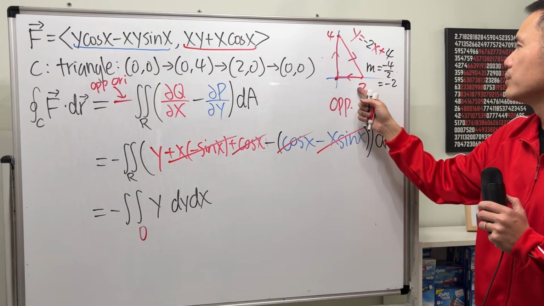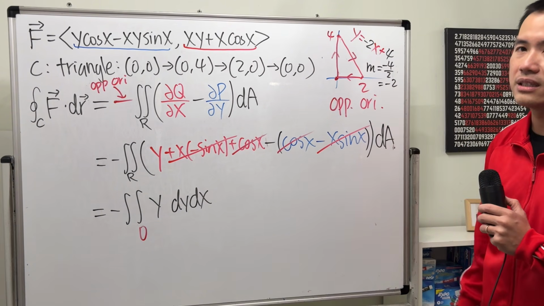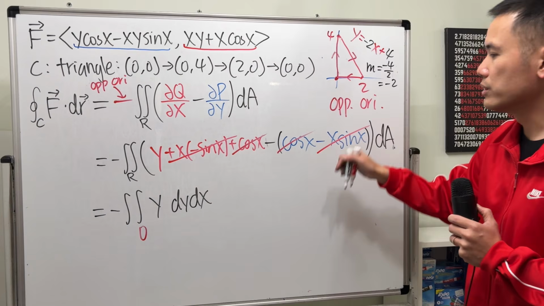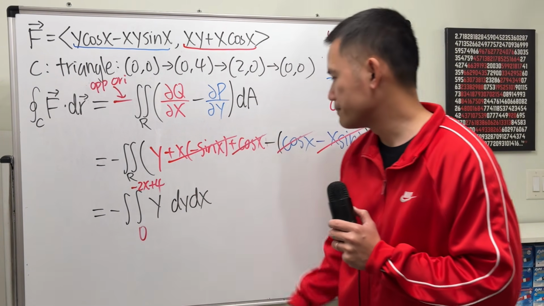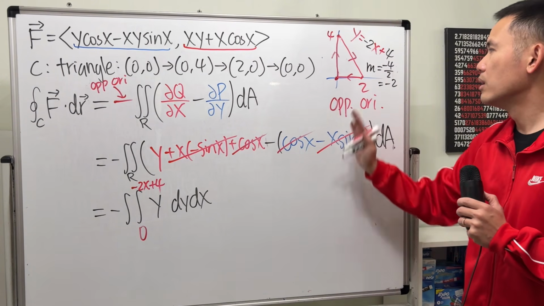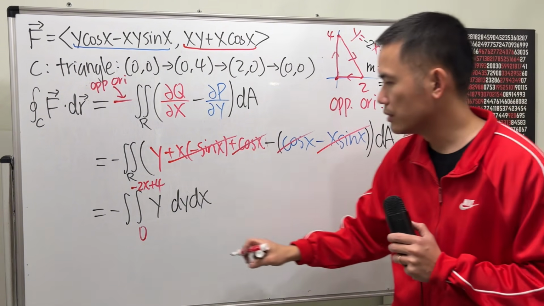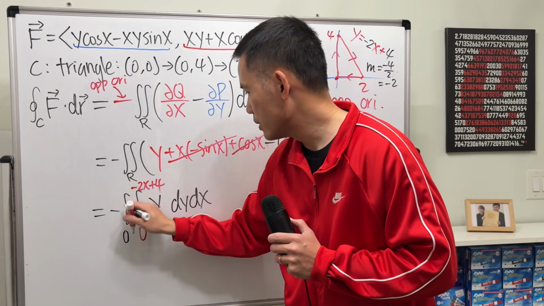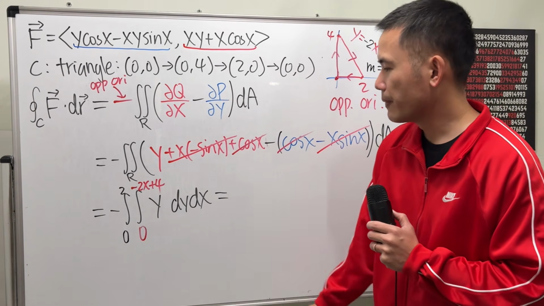And you can plug in 2 into here. Negative 4 plus 4 is 0, so we get back to the x-axis. So this is the equation. We write down negative 2x plus 4. So bottom function, top function. Now, left number, right number, x values, 0 and 2. And then just pretty much do the rest.